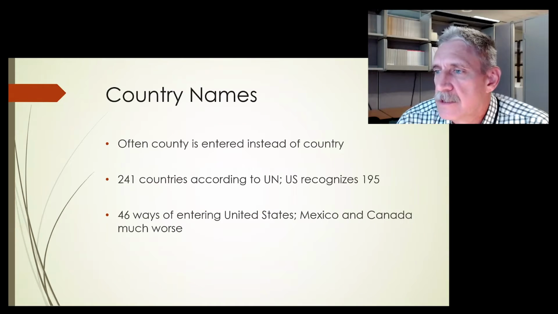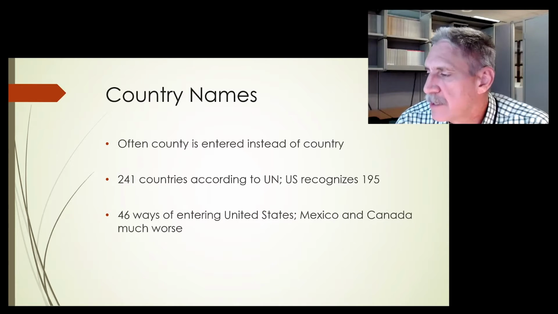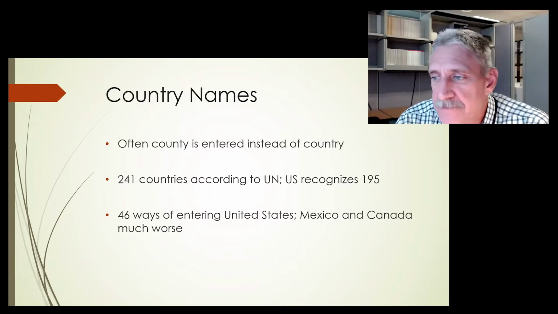Country names. Often the county is entered instead of the country. We find that a lot where people just read it too fast and go through. There are 241 countries according to the UN. The US recognizes 195 of those. In my database, I have found 46 different ways of entering the United States.